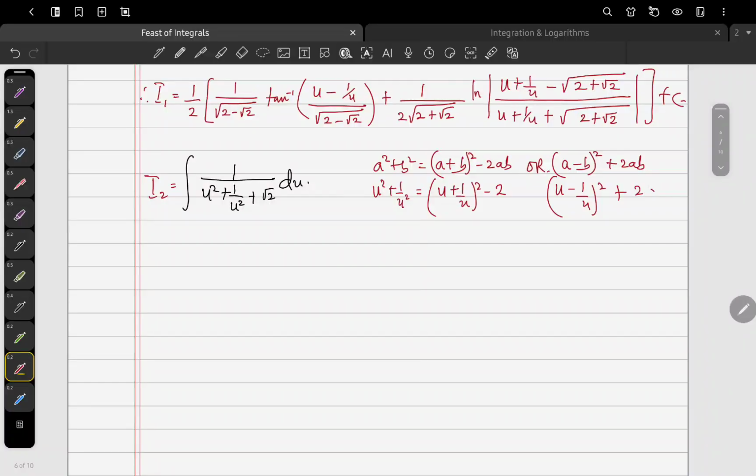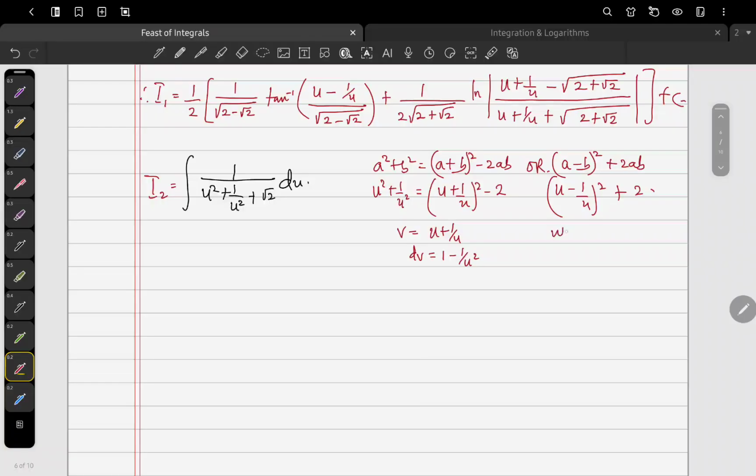Which one should we use first? We are going to use the same trick that we did the other time, but let's see what will necessitate that trick. If we set v equals u plus 1 over u, then dv will be equal to 1 minus 1 over u squared.